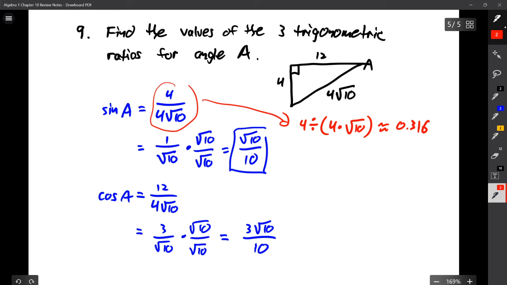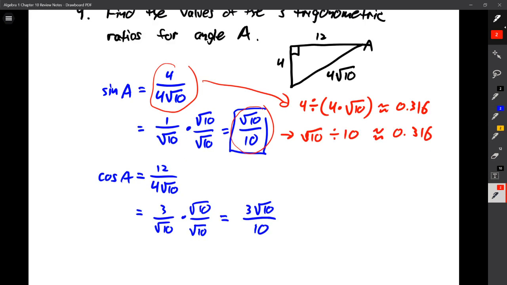Now I can do the same thing here, and I can do square root of 10 divided by 10. I get, again, 0.316. So it checks out that I simplified it correctly. So you can always check it like that.